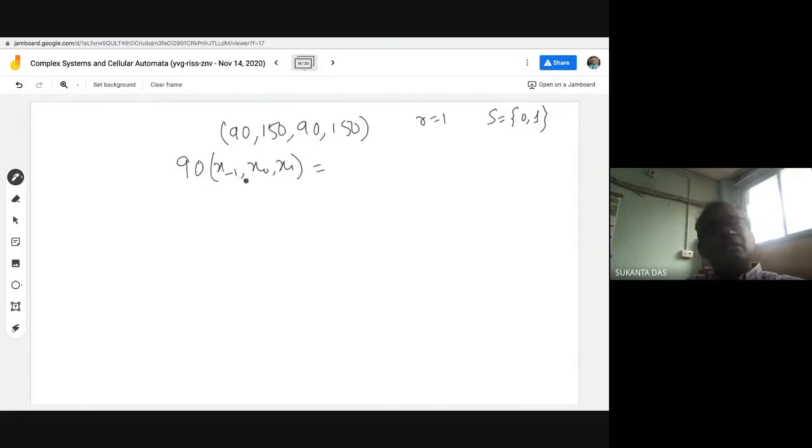We have discussed it in the previous class: rule 90 is the left neighbor plus the right neighbor mod 2. So actually this is x minus 1 plus x1. Mod 2 is always applicable, so I am not writing it.